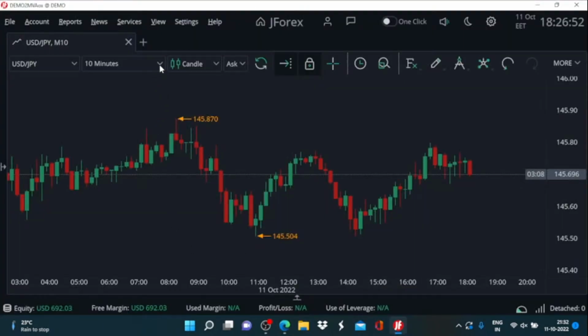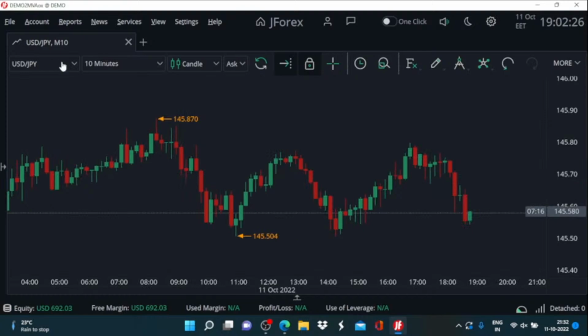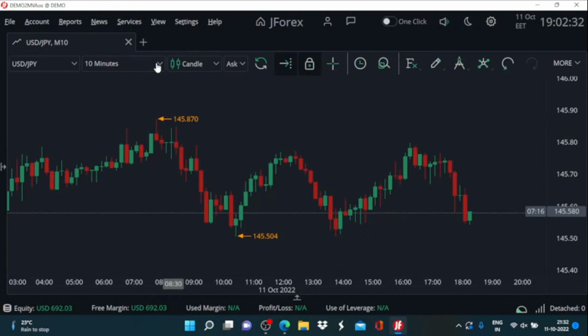This is the USD JPY chart drawn on the hourly candle period. Each candle period has been defined for the hourly time frame, which I will change to. Sorry, it is 10 minutes. I will change it to hourly. It's taking some time to respond.